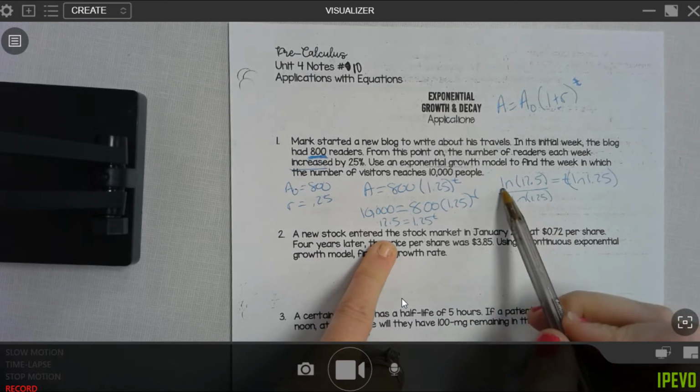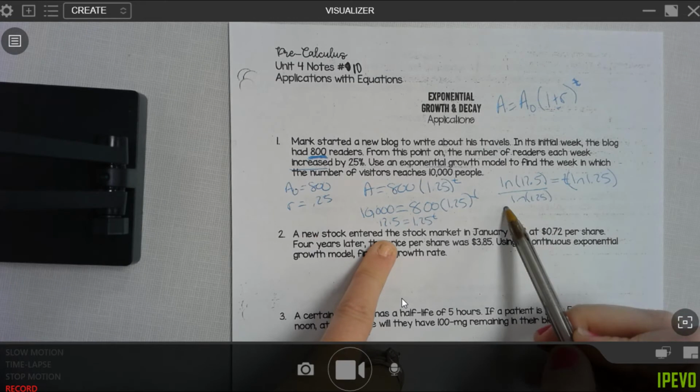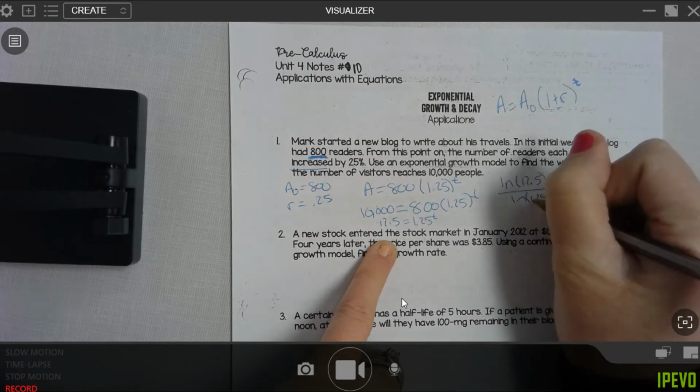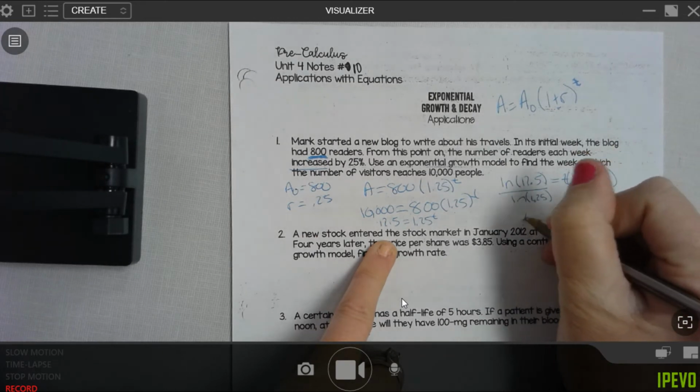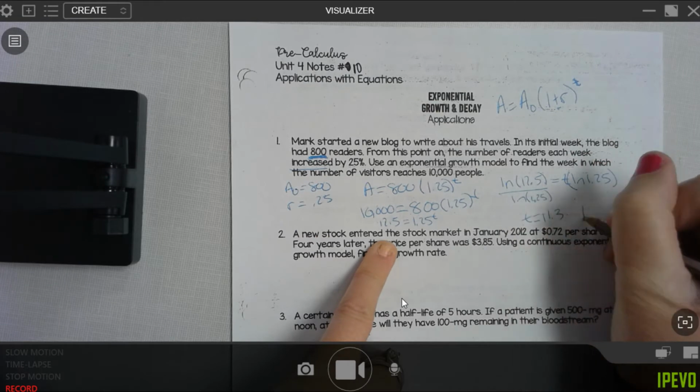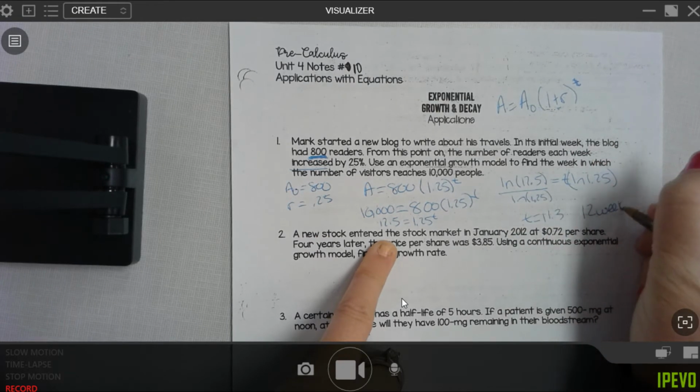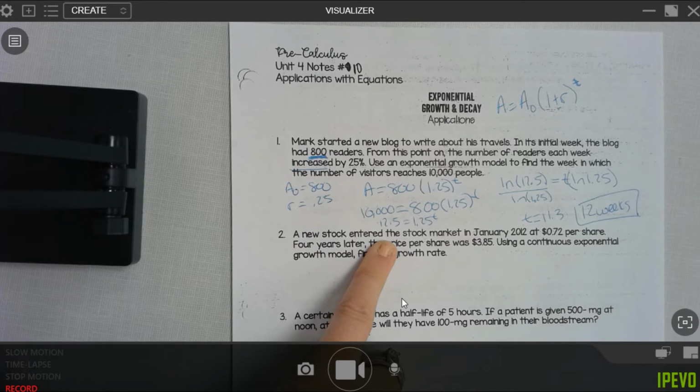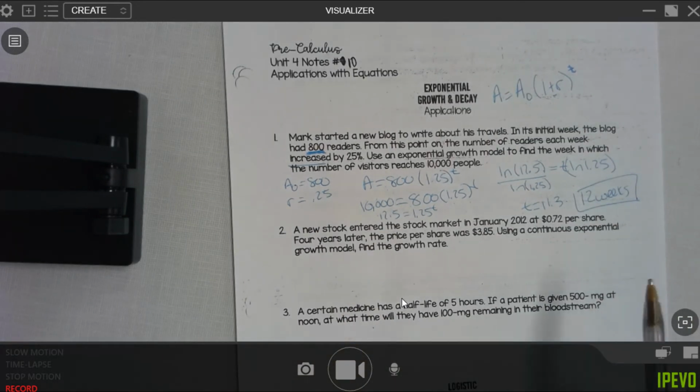So grab your calculator and do natural log of 12.5 divided by natural log of 1.25. And that tells me the time is 11.3. So we would say in 12 weeks. Okay, so you're going to round up because it would hit it in the middle of that 12, in the middle of the 11th week.